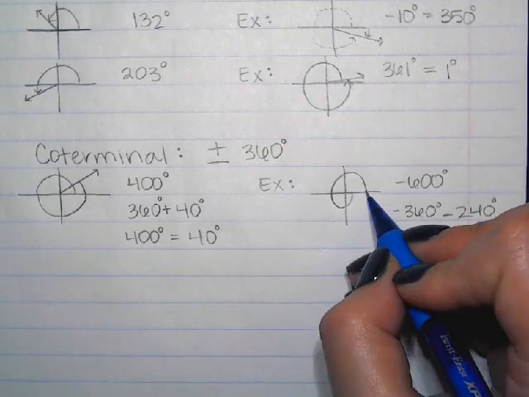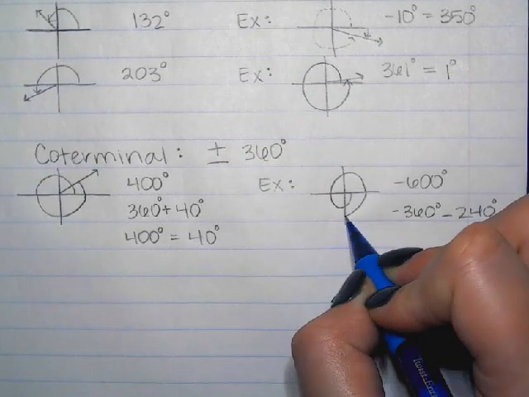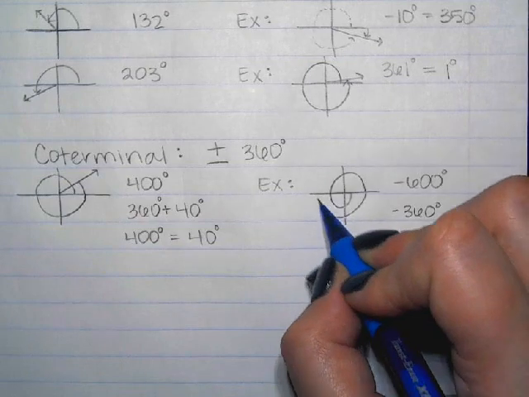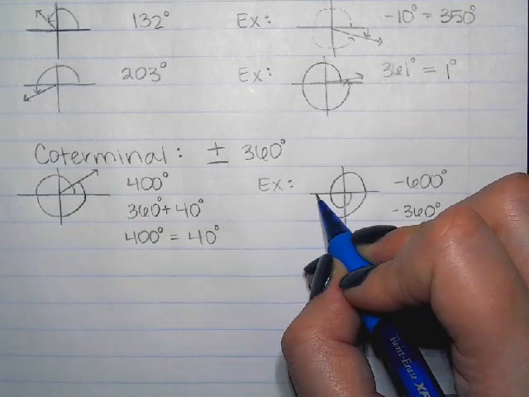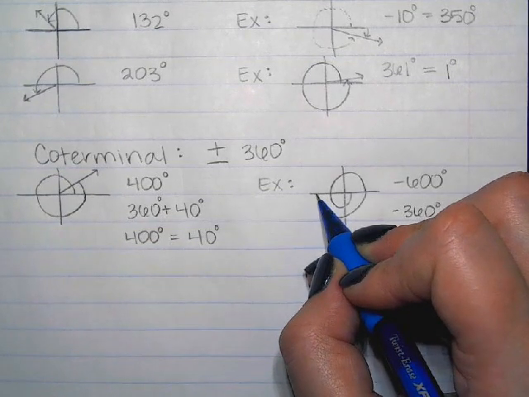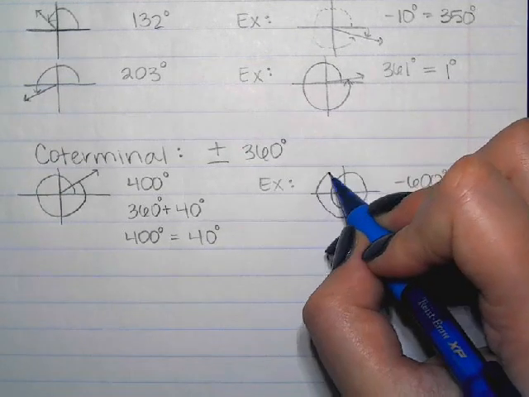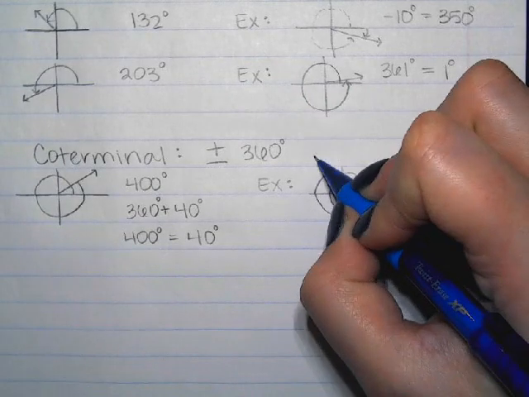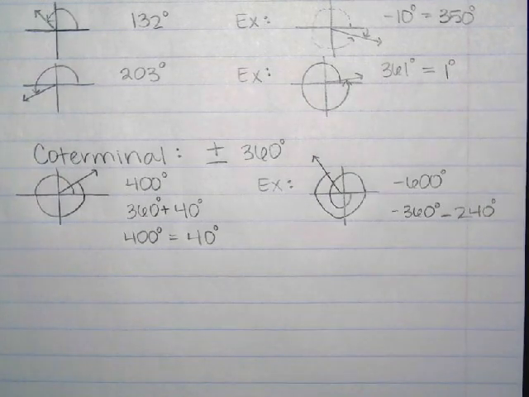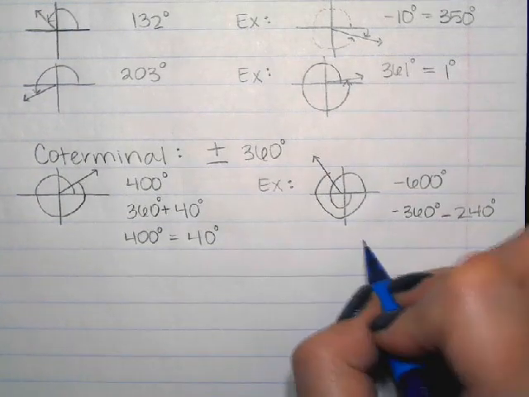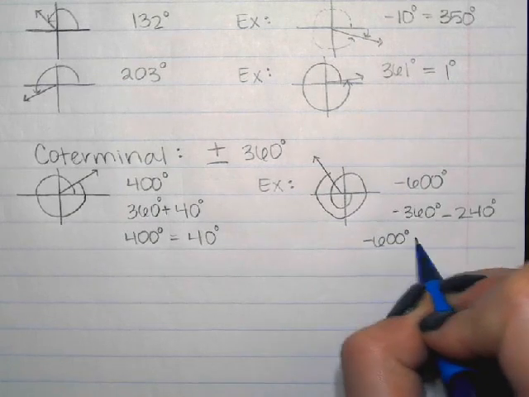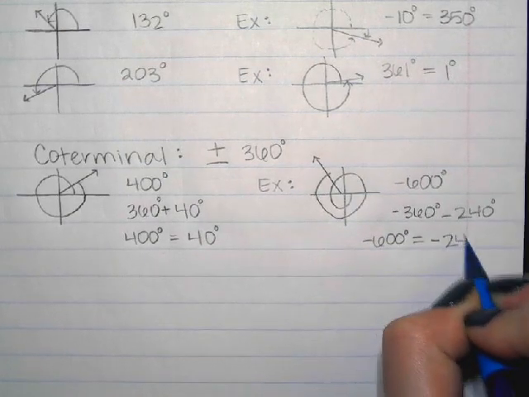And then we're going to go backwards 90, backwards 180. Do we go all the way to backwards 270? No. How far do we go? A little more than half. That's right there. So negative 600 degrees is coterminal with negative 240.